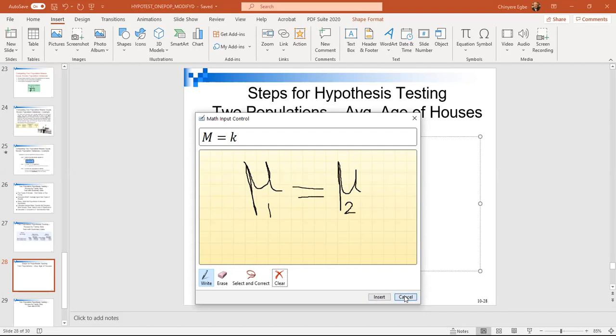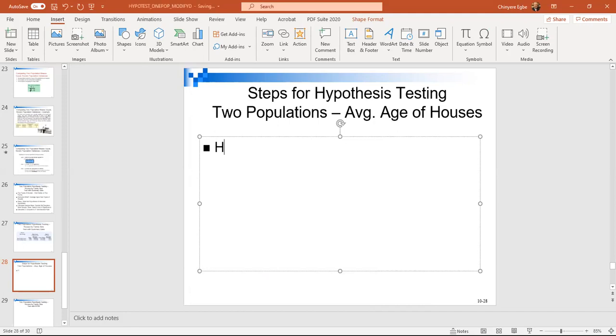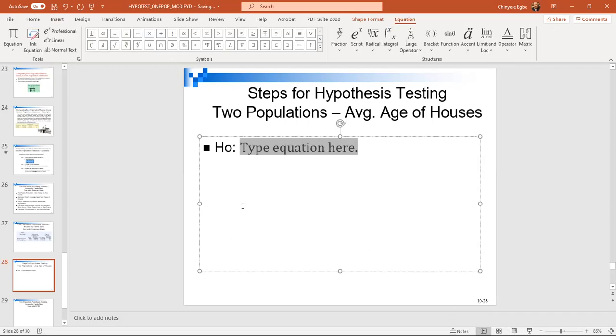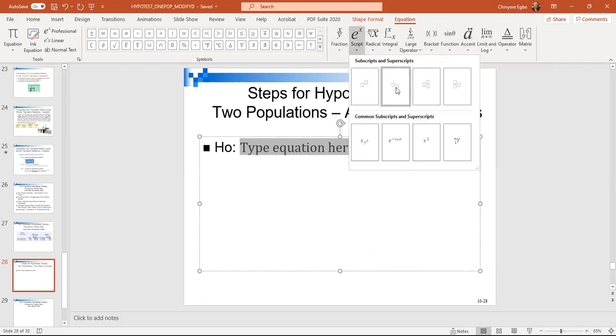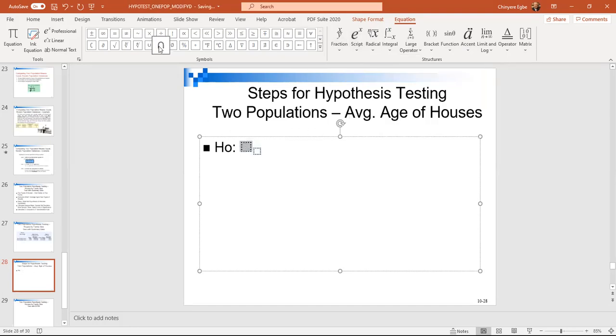This is not correct. The hypothesis will be that U1 is equal to U2.